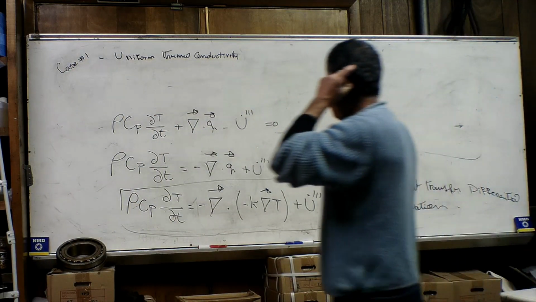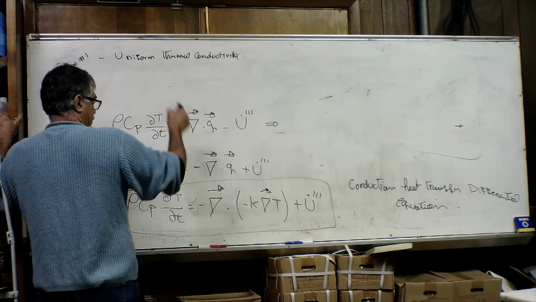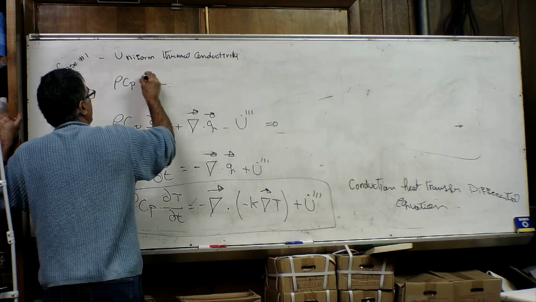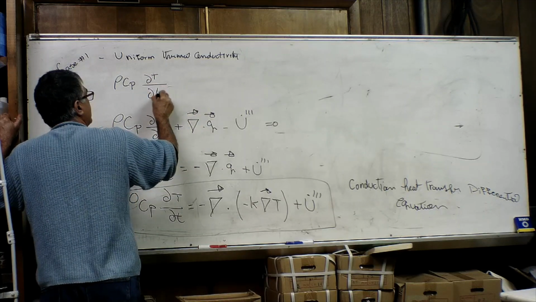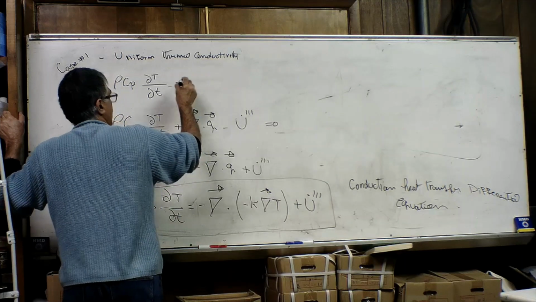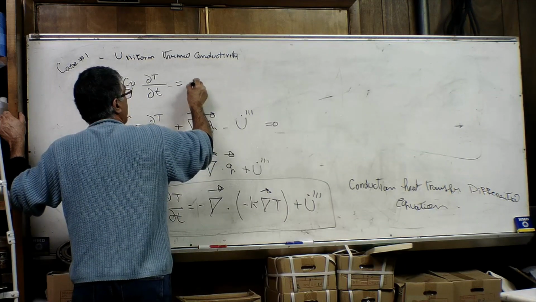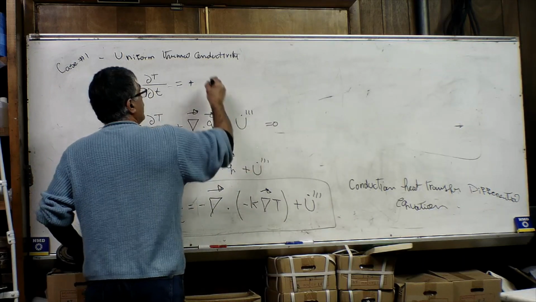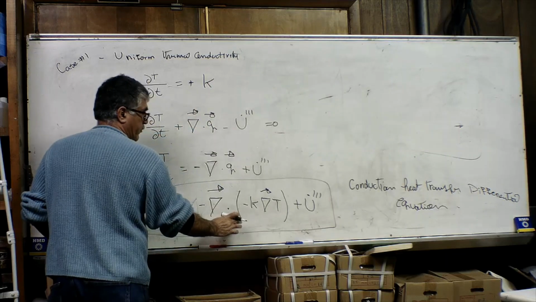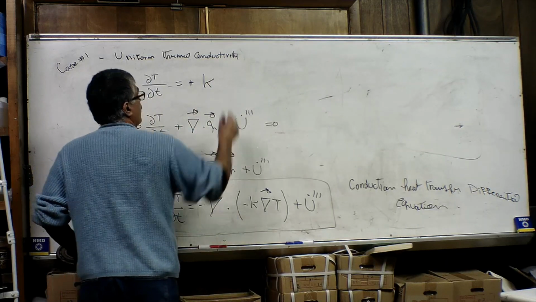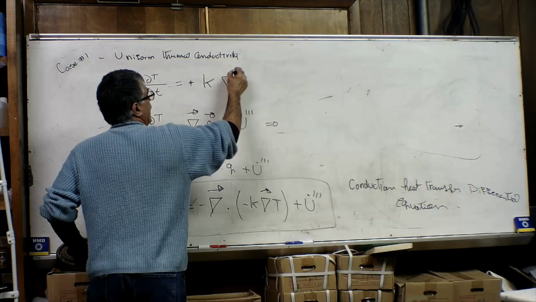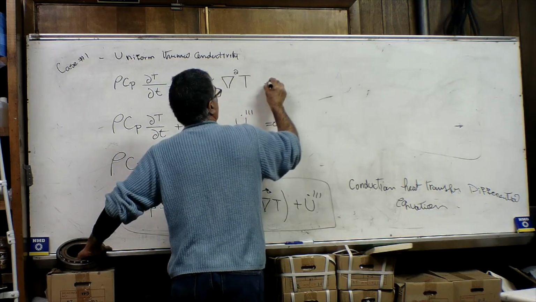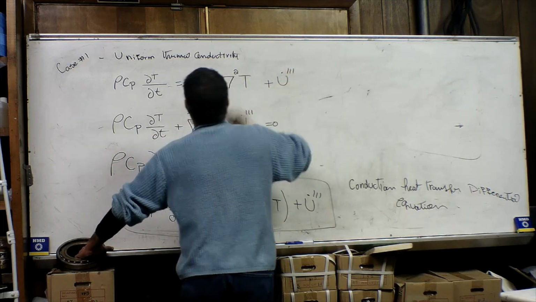So in this case, we can write our equation as rho Cp partial derivative of temperature with respect to t is equal to, minus times minus is plus, k, after we do the dot product, we are going to have del square T plus u dot.